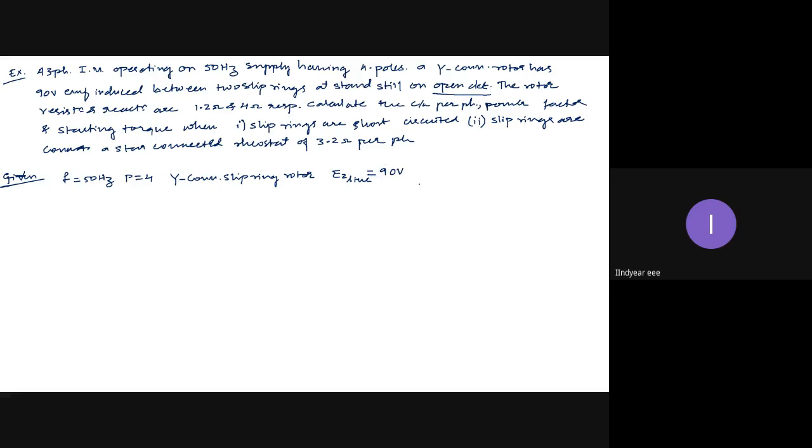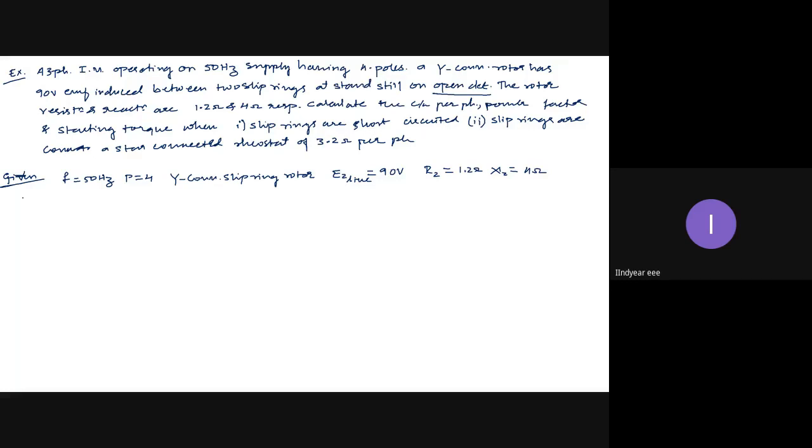The rotor resistance and reactance are, I can write, R2 is equal to 1.2 ohms and X2 is equal to 4 ohms. Okay.